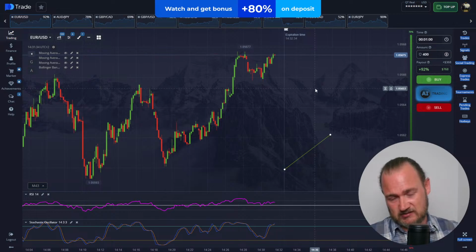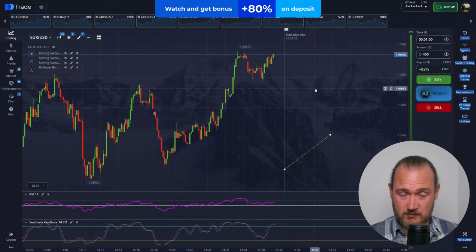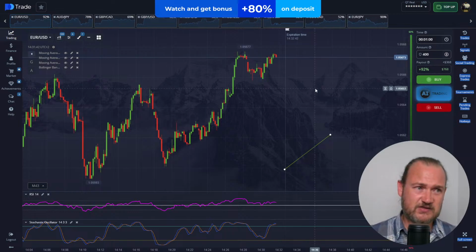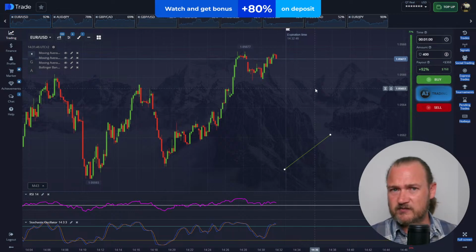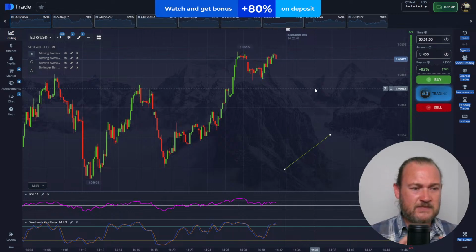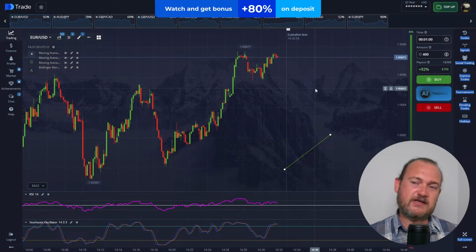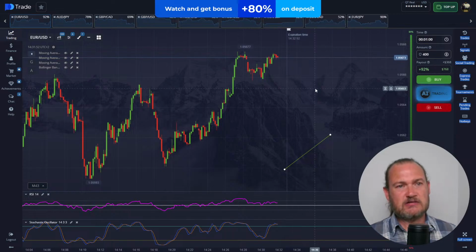I don't use divergence only. I do have other strategies that I use. We have discussed some of them in previous videos, and we will be discussing more of them in upcoming videos. But this will give you the idea of the rate at which you're going to be trading on average.